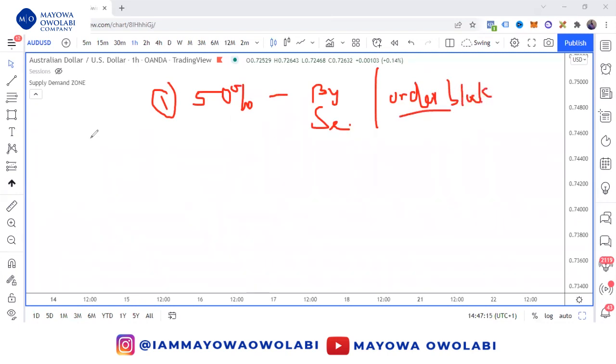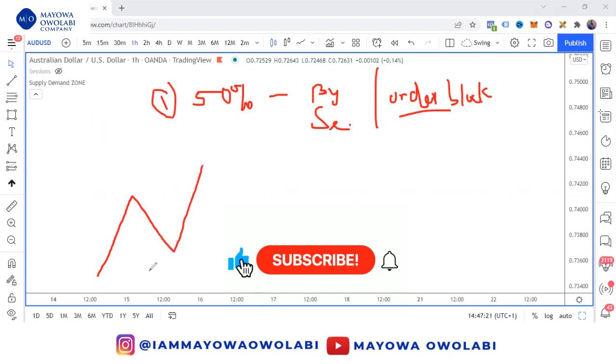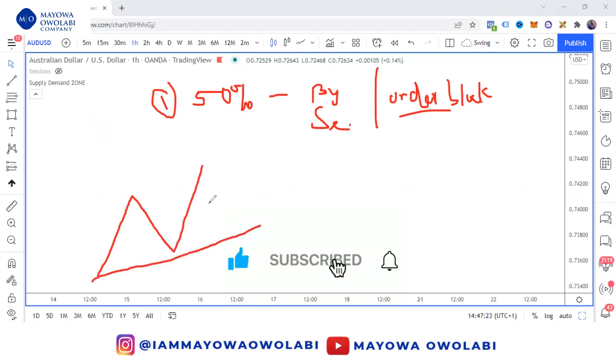So how does this work? Whenever I see a chart that is on an uptrend, all I need to do is come to the root of the move and put my Fibonacci on 50%. Then that will be my entry.